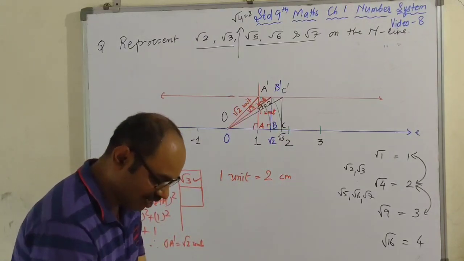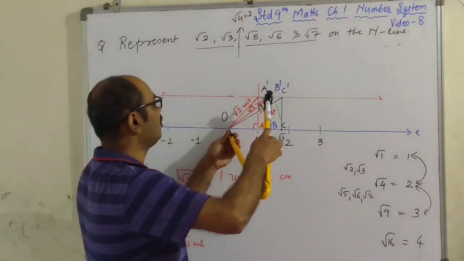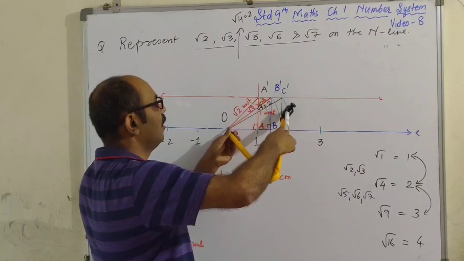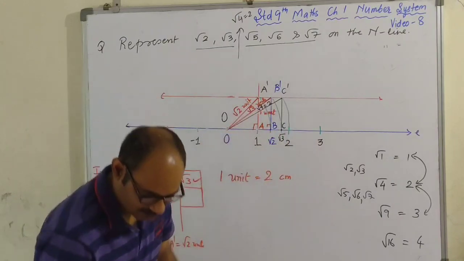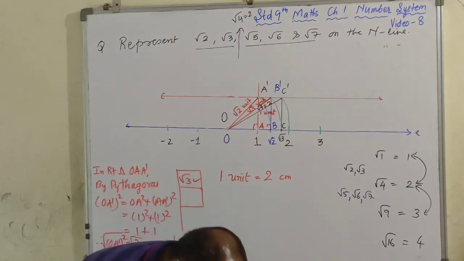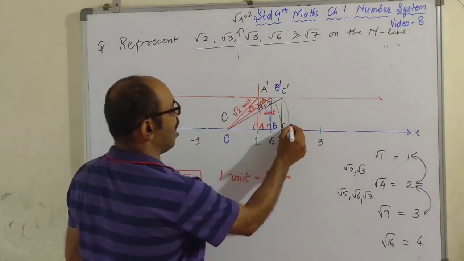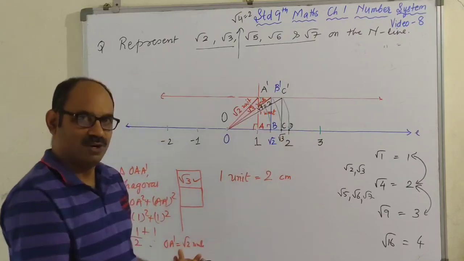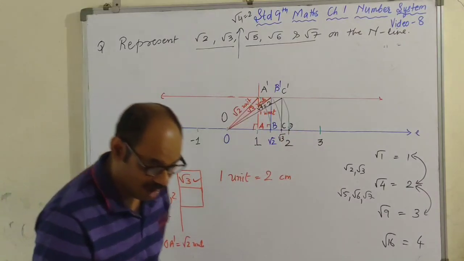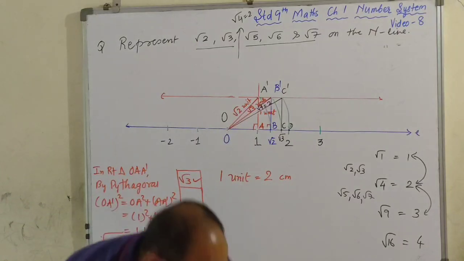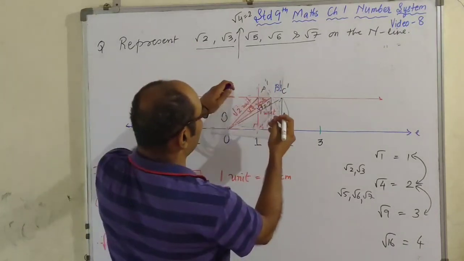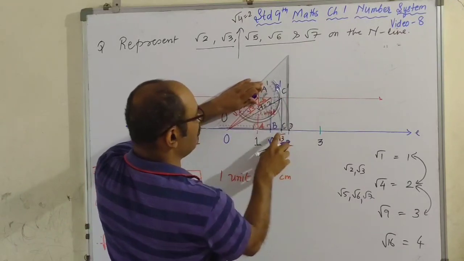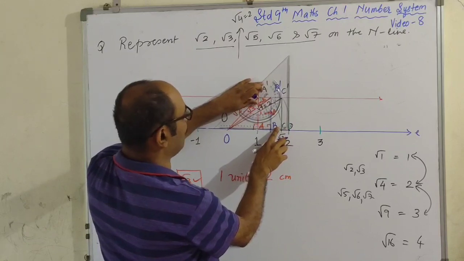Now the projection. Let's do the projection of OC dash on line L. So this. Got it, children? This point is now D. And you can see it's root 4, 2, root 4, 2. Alright? Now, draw a perpendicular at D. I hope you have understood how to use this set square, how to place it.